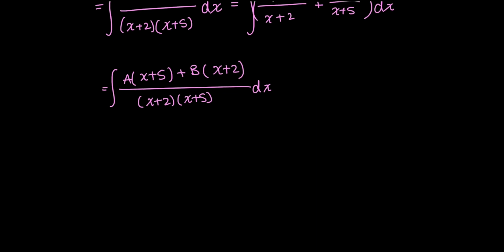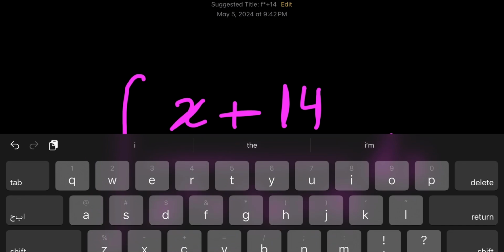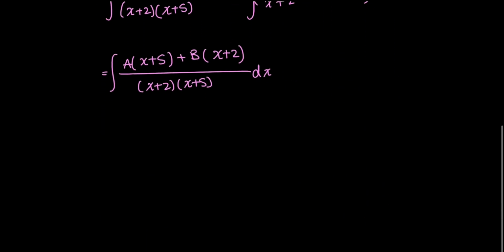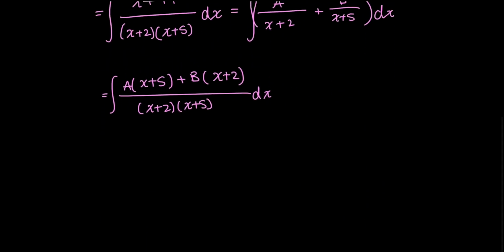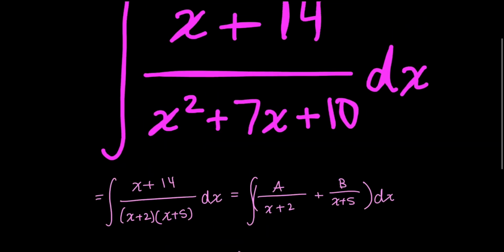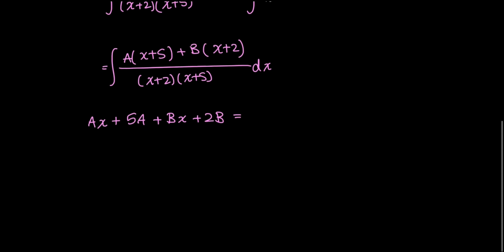So I'll be distributing the A and B terms too while I'm at it. So I'll have Ax + 5A + Bx + 2B equals my original numerator, which is x + 14. And now I can create a system of equations by setting the terms with the same degree equal to each other.